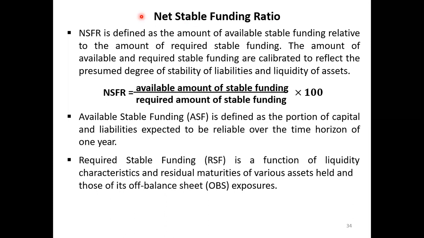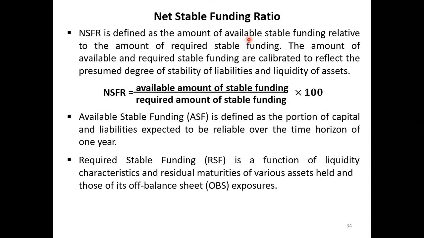Now we look at the net stable funding ratio. The net stable funding ratio is defined as the amount of available stable funding, so in hand, relative to the amount of required stable funding.